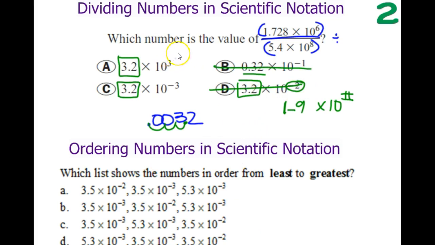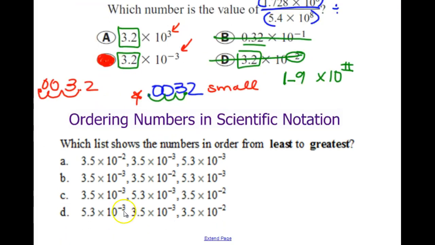So now I need to know, is it a positive 3 or a negative 3? Well, this is a small number, so small numbers have negative exponents. Or you can think from here, if we were to start over 3.2, we'd move negative 3, 1, 2, 3 to get back to our original.